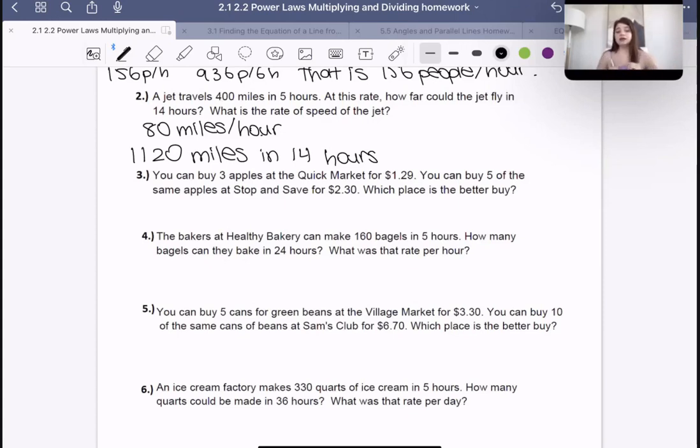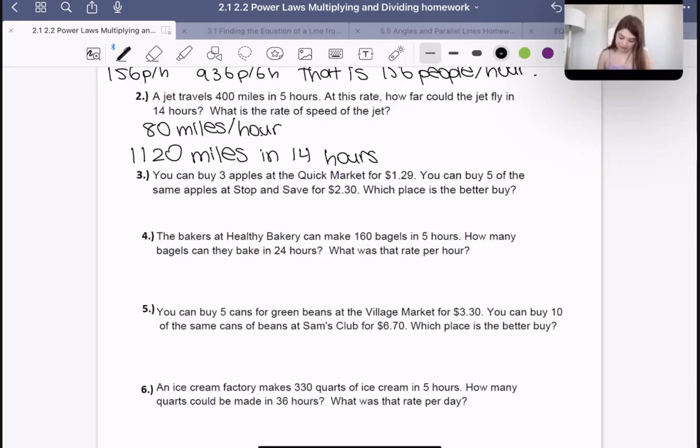The rate of speed of the jet is 80 miles per 1 hour, and that means in 14 hours at this rate, we could travel 1,120 miles, which I'm guessing is a lot. I think so. I'm not really sure how fast or relatively quick this is given that it's a jet. But either way, that's our answer: we can fly 1,120 miles in 14 hours at this rate.